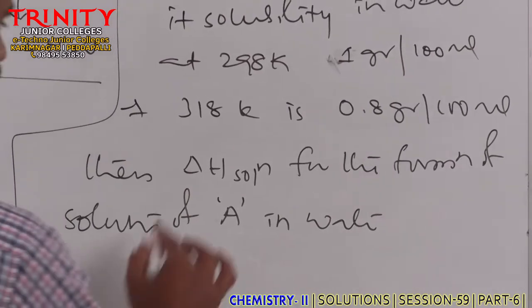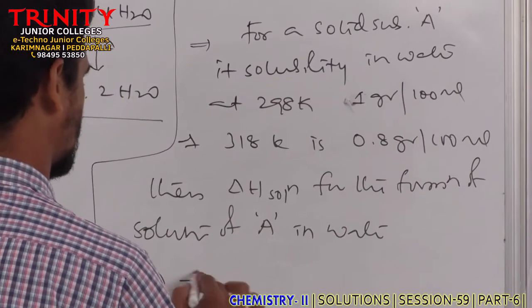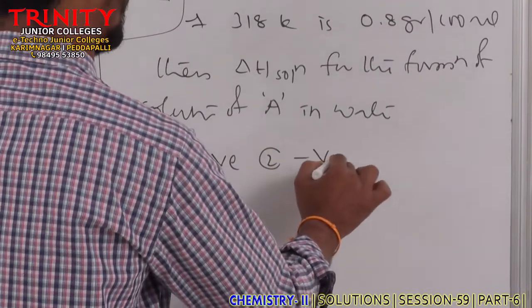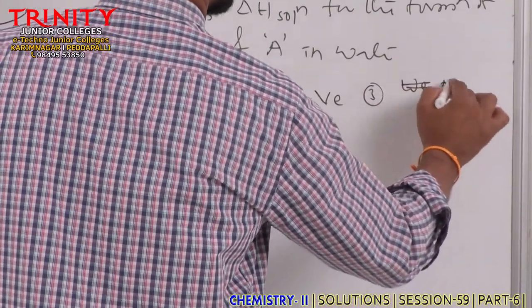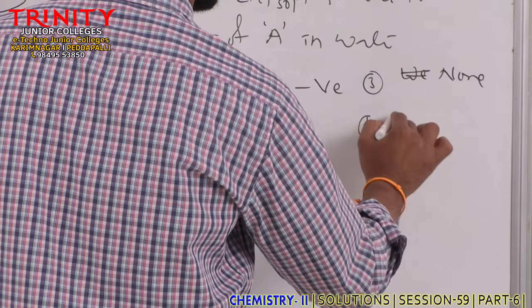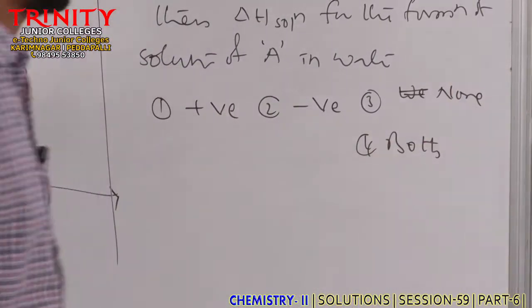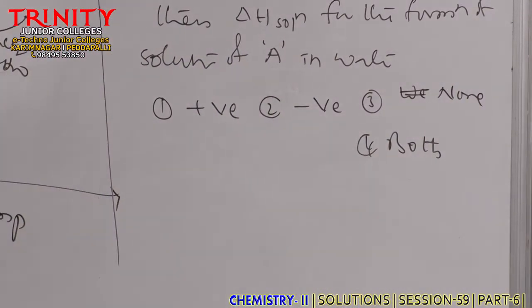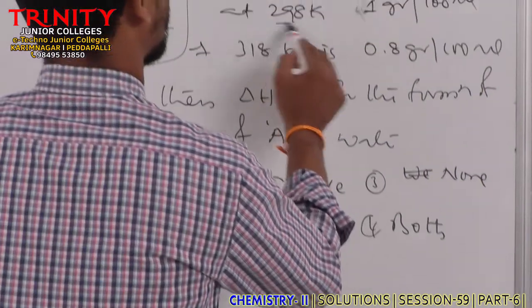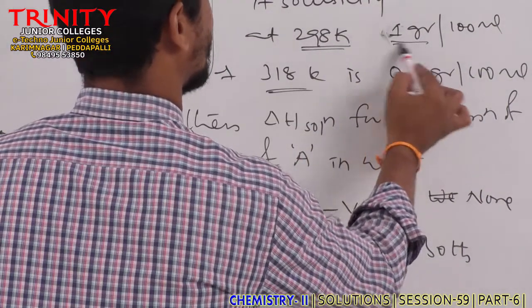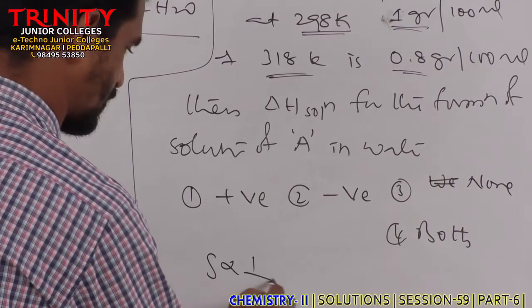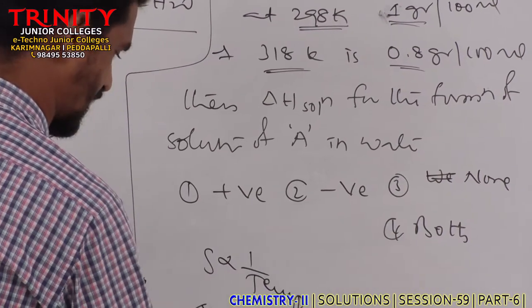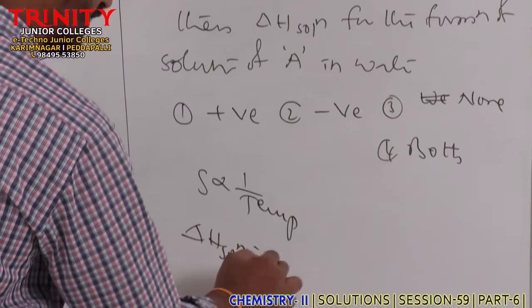So what is that one, sir? First one positive, second one negative, third one both, fourth one none. So what is the right answer, sir? Here with the increase in temperature, solubility decreases. So solubility is inversely proportional to temperature, meaning delta H of solution must be negative.